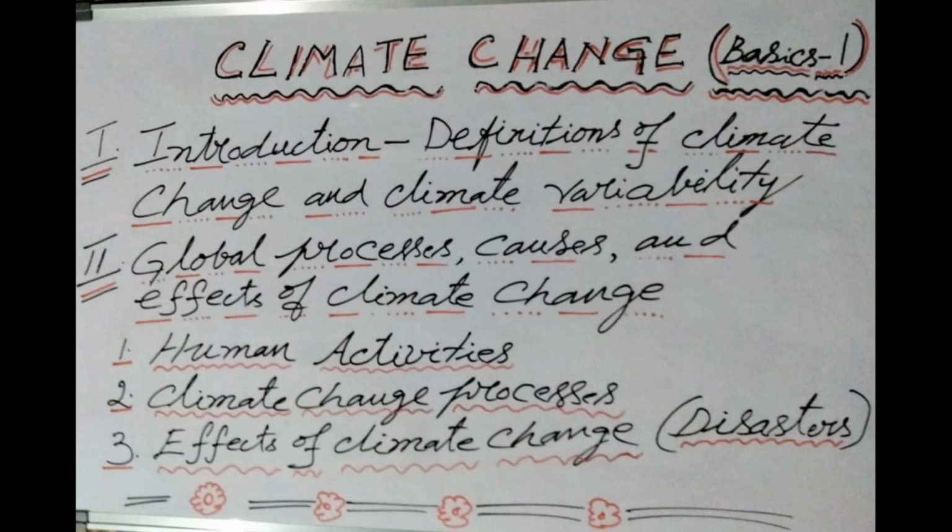The next one is economic losses. When environmental refugees, biodiversity losses and casualties are occurring, the resultant effect is economic losses. The fifth one is disease spread: infectious diseases like vector changes, diarrhea, cardiorespiratory diseases and so on.